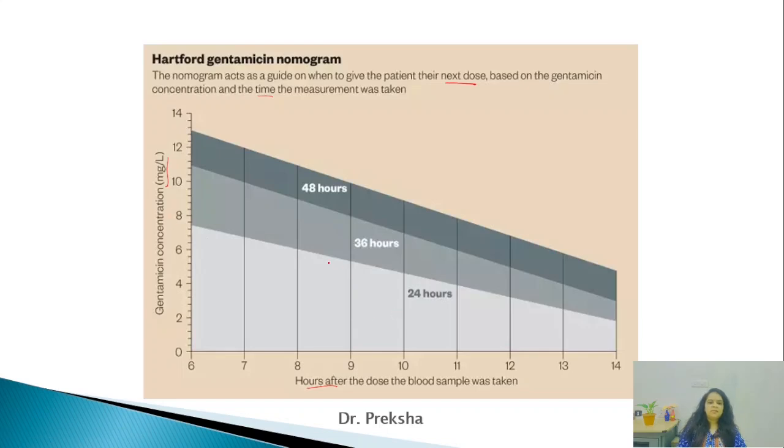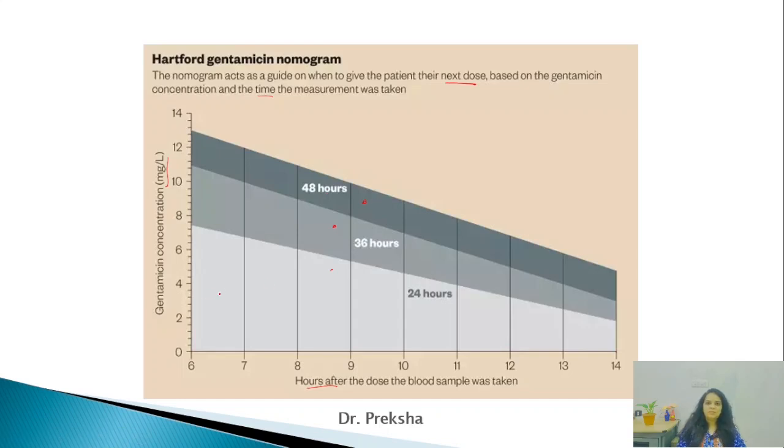Now if the gentamicin concentration is in this zone, for example the 24-hour zone, then you have to give gentamicin 24 hourly. If the concentration falls in this gray area, then you have to give gentamicin 36 hourly, and if it falls in this dark gray area, then you have to give gentamicin every 48 hours.